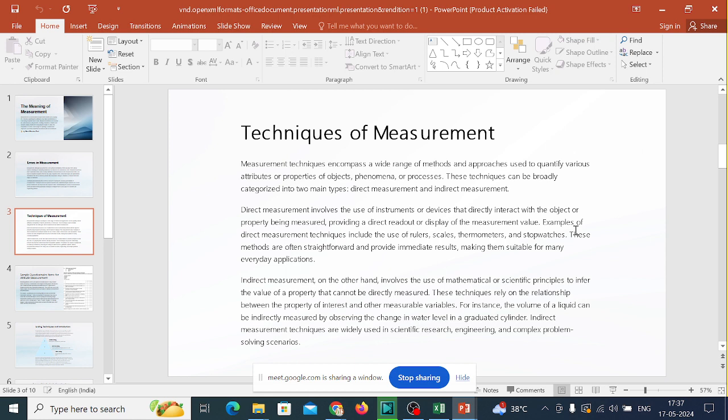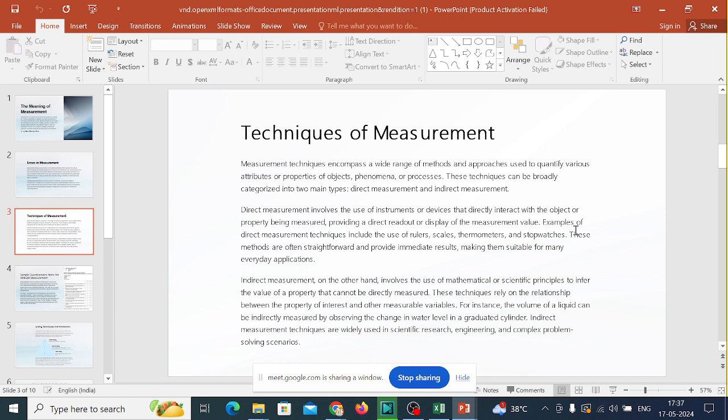Yes, this is the next slide, the techniques of measurement. What is the technique of measurement? Measurement techniques encompass a wide range of methods and approaches used to quantify various attributes or properties of objects, phenomena, or processes.